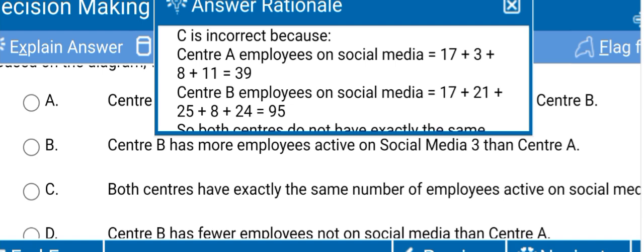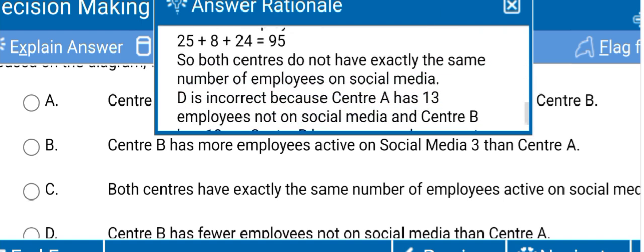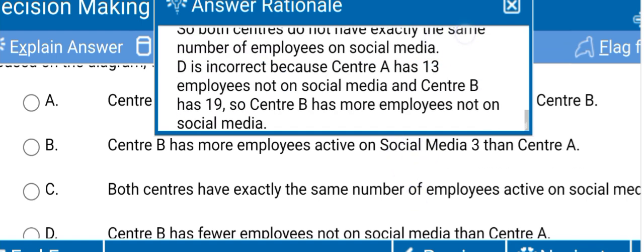Center B employees on social media is equal to 17 plus 21 plus 25 plus 8 plus 24, which is equal to 95. So both centers do not have exactly the same number of employees on social media. So we can say that C is also the incorrect option.